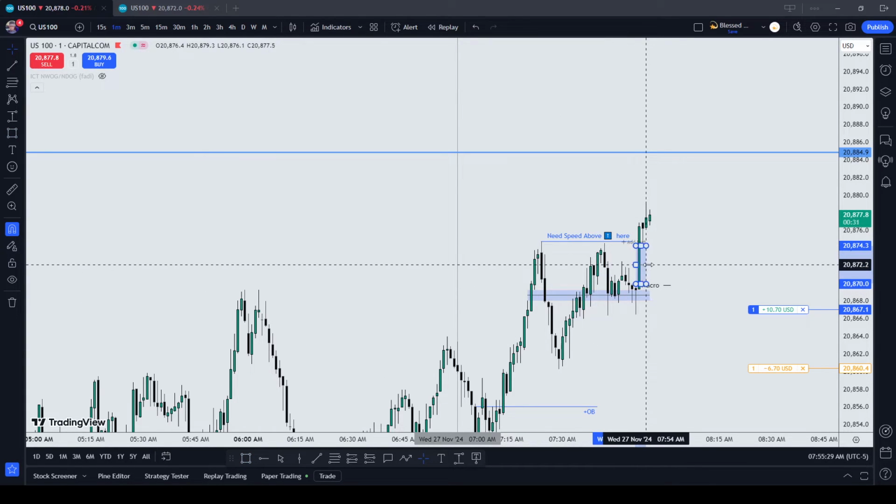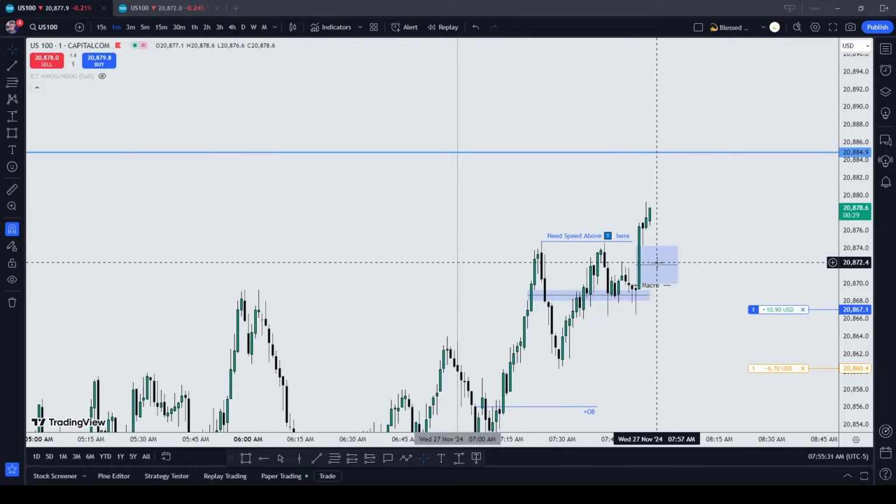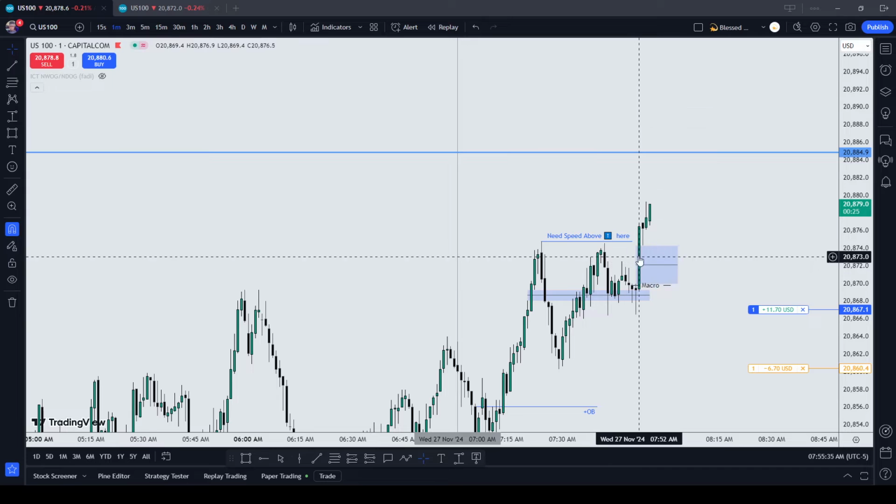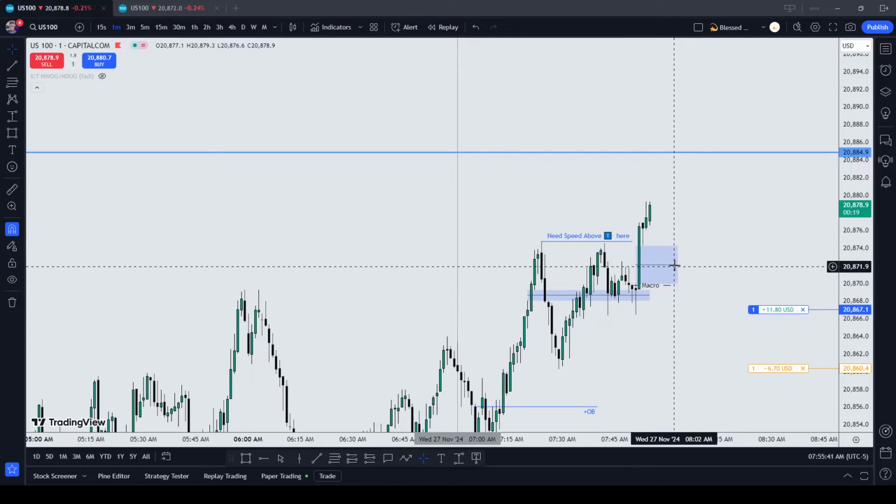I'm watching the upper portion of this candle here to stay open. If price trades back into it, what I'm watching is for it to stay fully open as a breakaway gap.